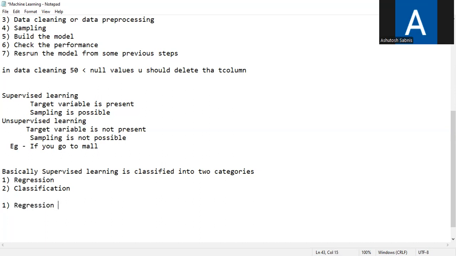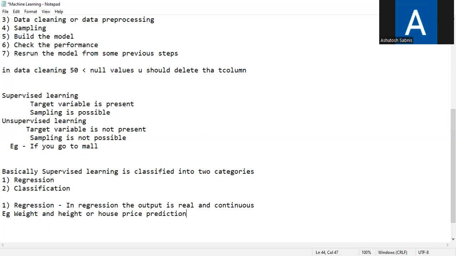In regression, the output is real and continuous. For example, weight and height, or house price prediction. So in regression, the output is real and continuous. For example, weight and height.